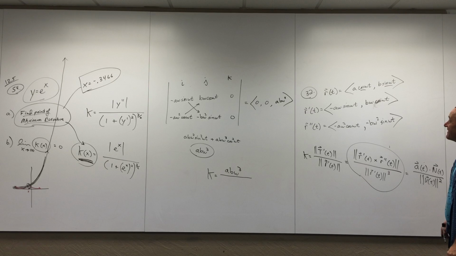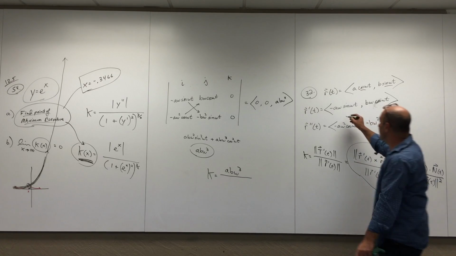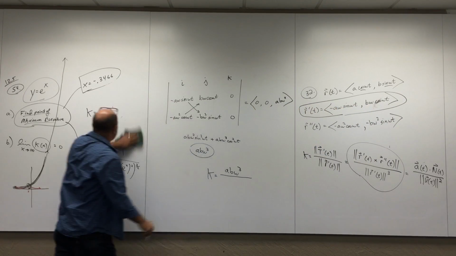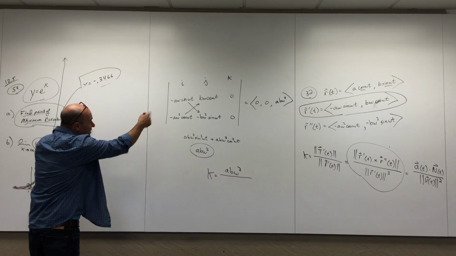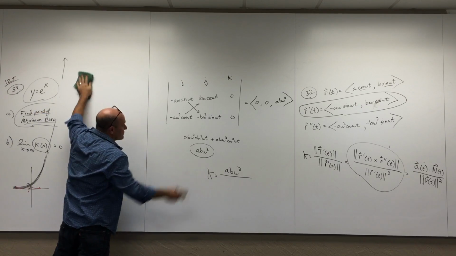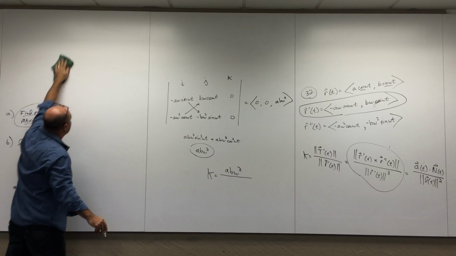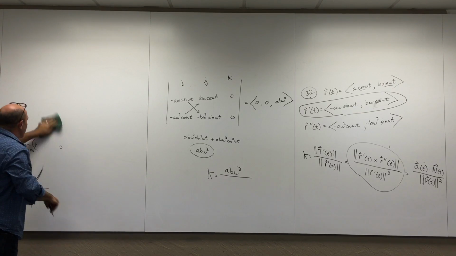This might suck. Yeah, I think this sucks. The magnitude of R prime. I mean, here's my R prime. Can't you do the same thing as the other one? Well, it ain't gonna work out, because those coefficients, this cross product worked out nice, this is not gonna work out nice. I just need the magnitude of R prime.